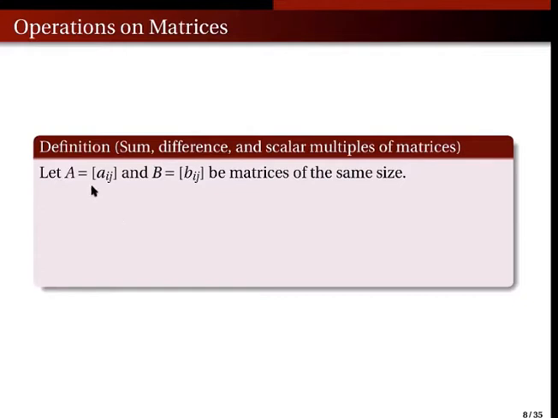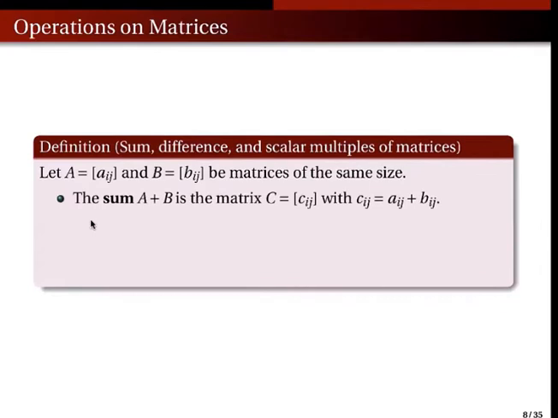Okay? So A and B, matrices of the same size. Then, the sum A plus B. So this is a new matrix. Let us label it with capital C. And the entries are written Cij. And this Cij is equal to Aij plus Bij. So what does this mean?